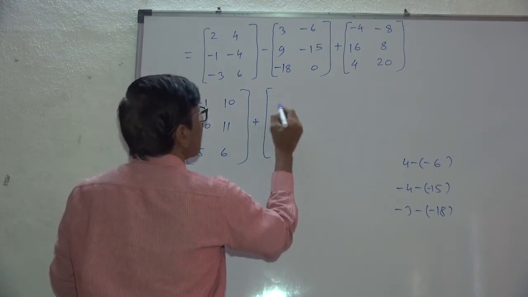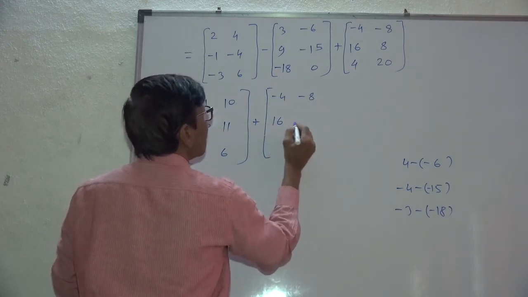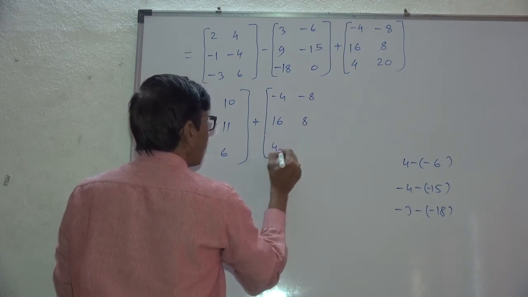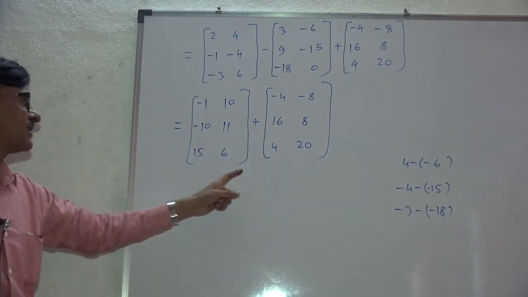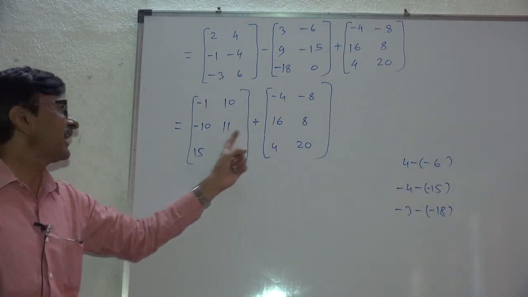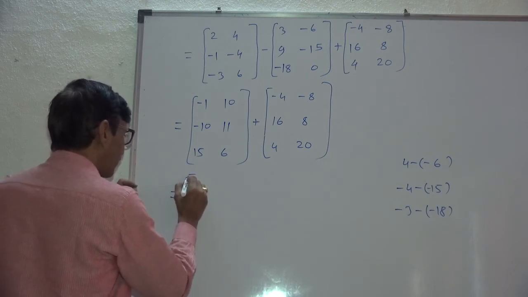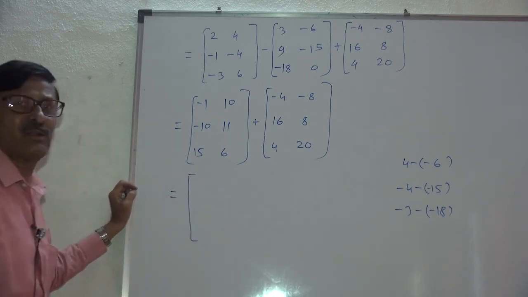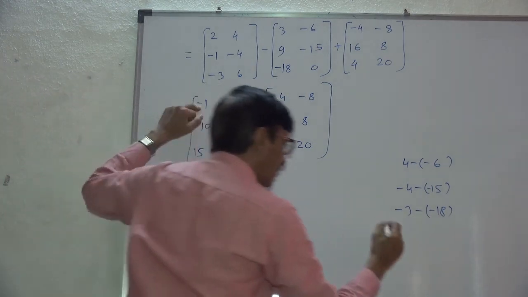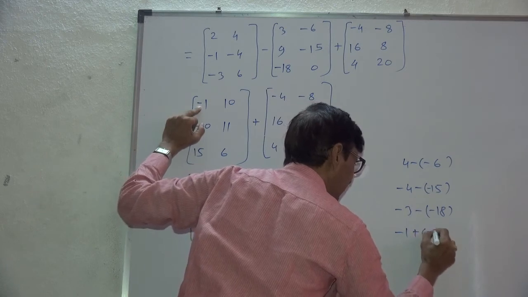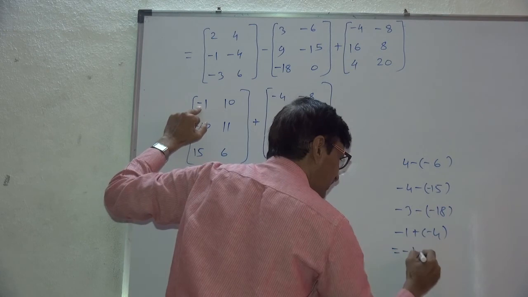Okay. Now the next term as it is, plus minus 4, minus 8, 16, 8, 4, 20. Now only one operation is remaining, that is addition. Now taking the addition of the two matrices, which is the sum of the corresponding elements of the two matrices: minus 1 plus minus 4. If you open the bracket, plus minus becomes minus.